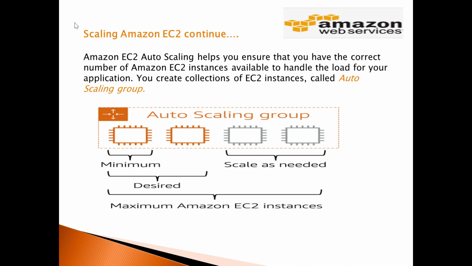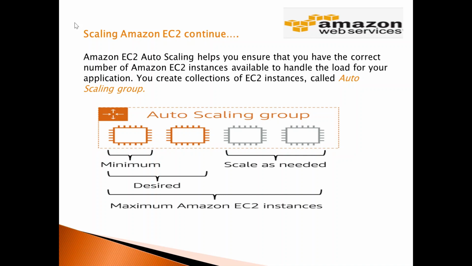When you are creating a group and launching instances, the minimum capacity is automatically created. In this example, the auto scaling group has a minimum capacity of one Amazon EC2 instance.